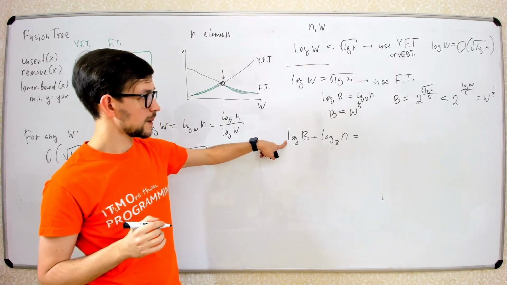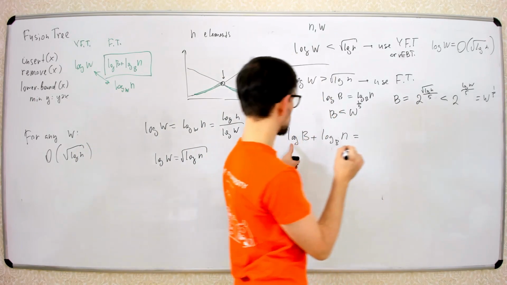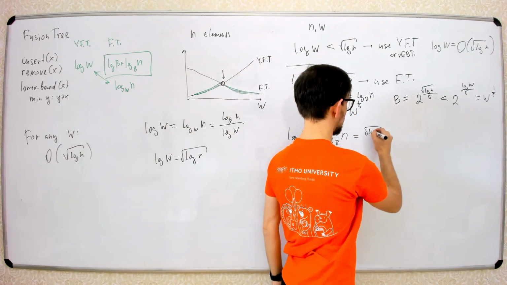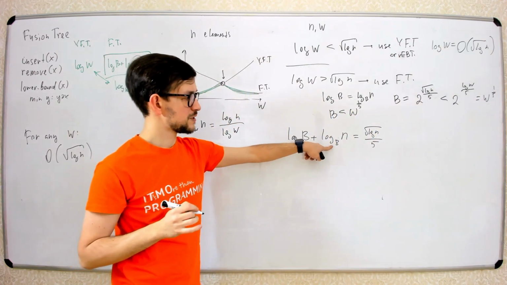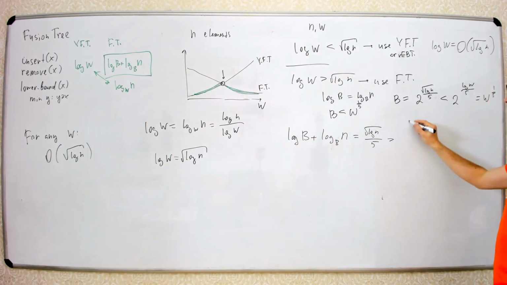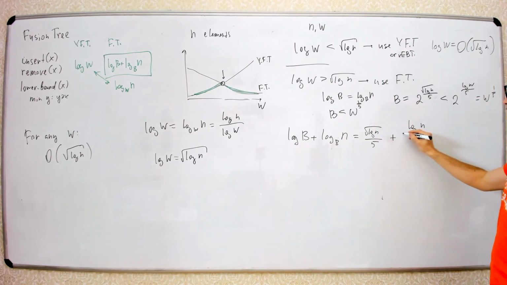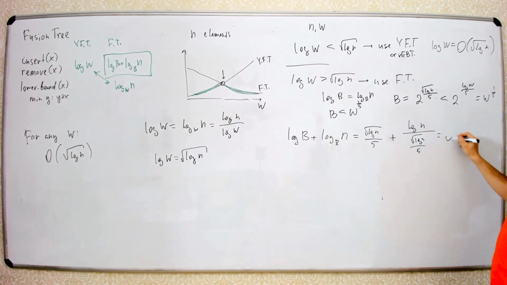Log B is square root of log n over 5. Log_B n is log n divided by log B, and log B again is square root of log n divided by 5.